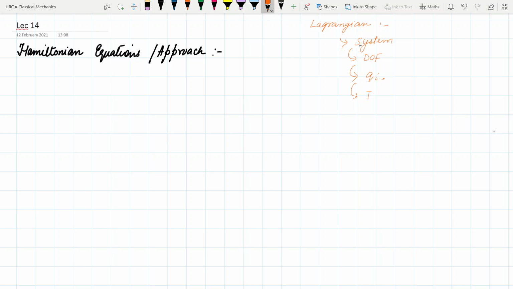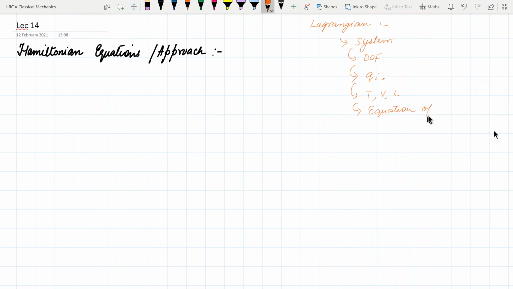And then you try to find out what are the generalized coordinates. Then you find out the kinetic energy, the potential energy, the Lagrangian, and then you apply it into the Euler-Lagrange equation, which basically gives you the equation of motion.